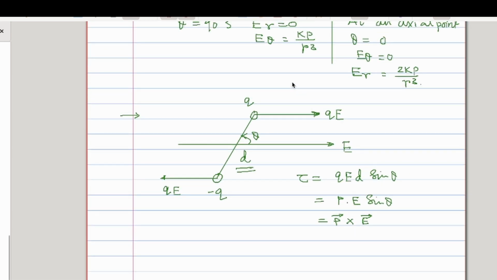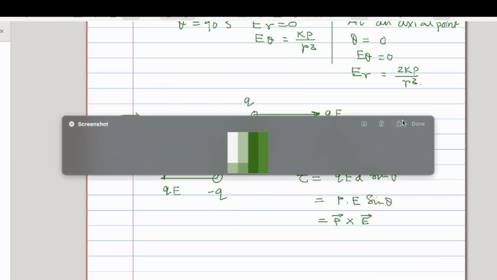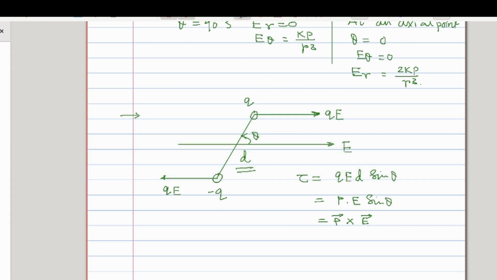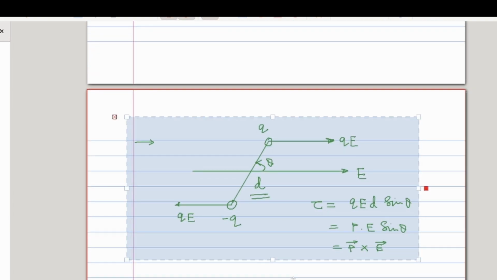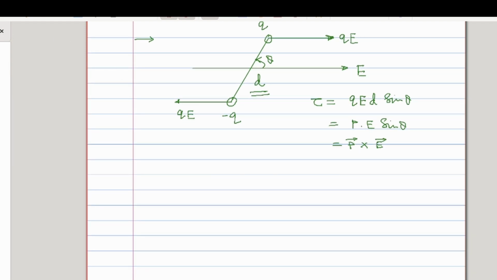Now, if we want to rotate this, and this is the torque, then the work done to rotate by d theta is tau dot d theta, that is tau d theta basically.